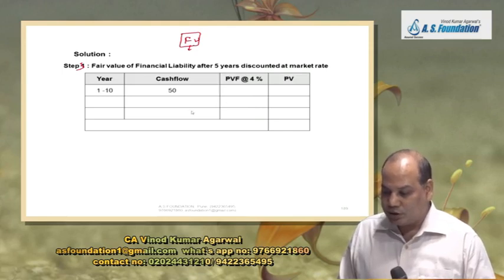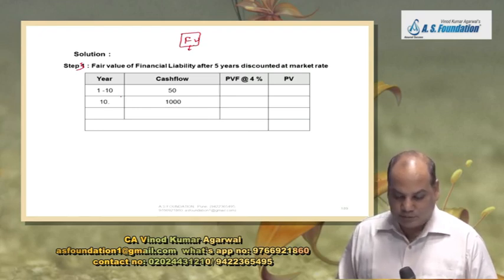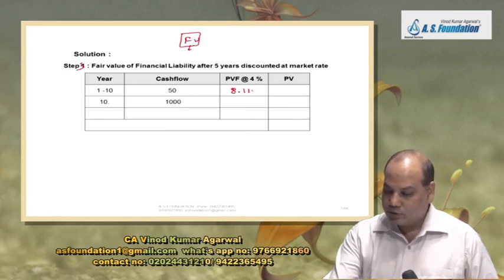I am using the same format every time. 1 to 10, 50 rupees, year 10, 1000. Year means half year, okay. Tell me the factor at 4% for 10 periods. Yes, 8.1109, only for the 10th period.